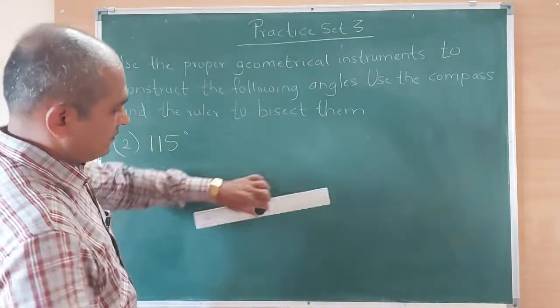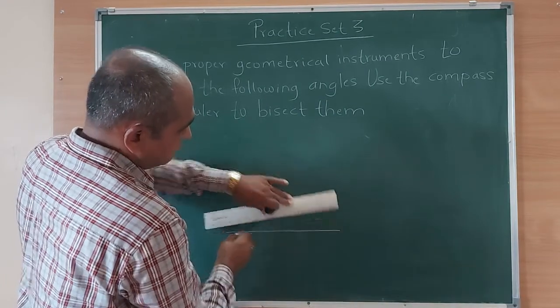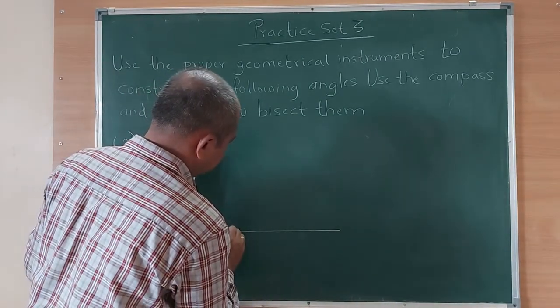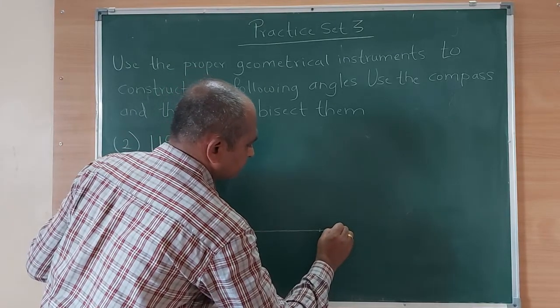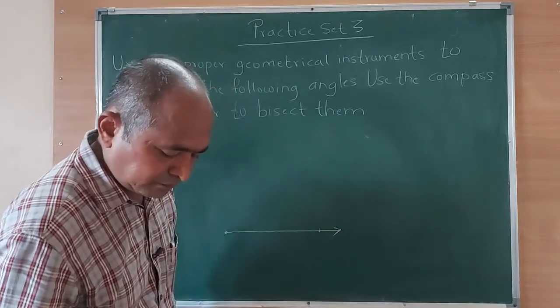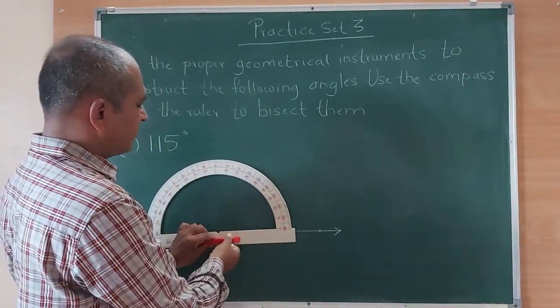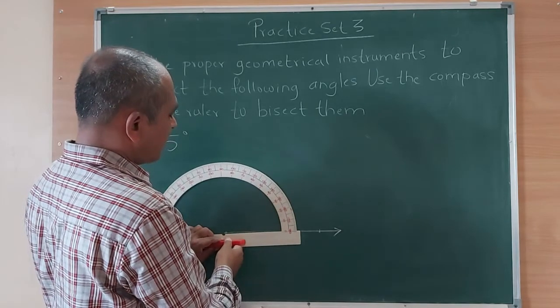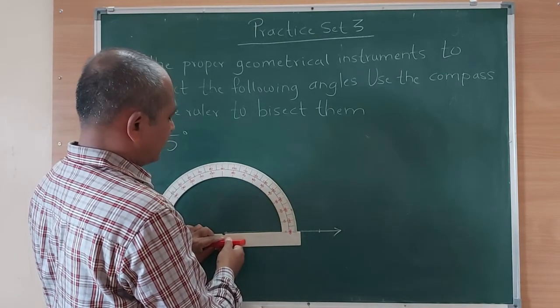Next, 115 degrees. So first I will draw one arm here. I'll take a protractor and I will mark a point at exactly 115 degrees.